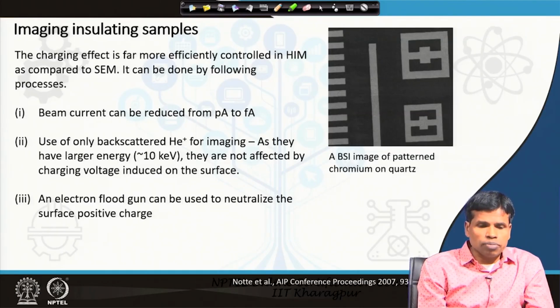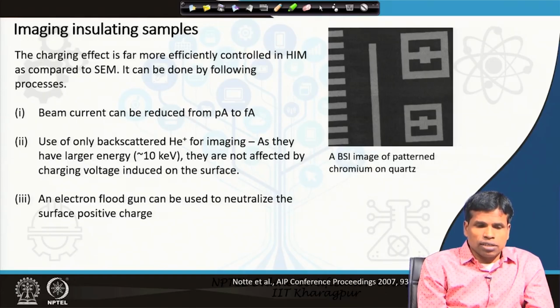So, electrons accumulate on the surface, and that leads to distortion of the image. In the image we can see bright lines, dark lines, and also the image can shift. Some regions will be very bright, some regions will be dark. Such kind of distortion occurs when we take the image of an insulating sample.